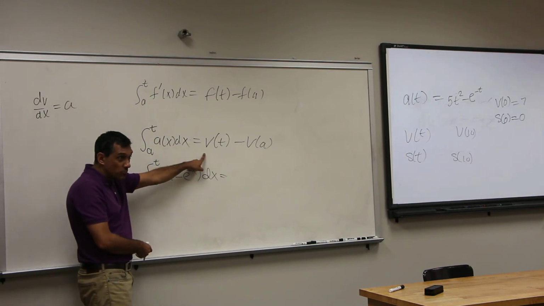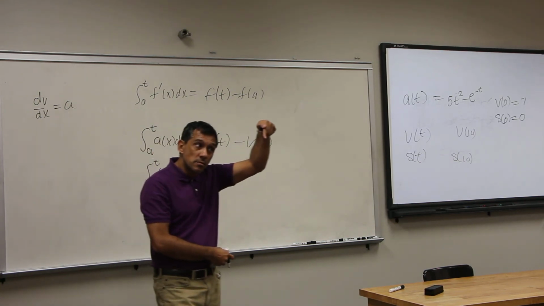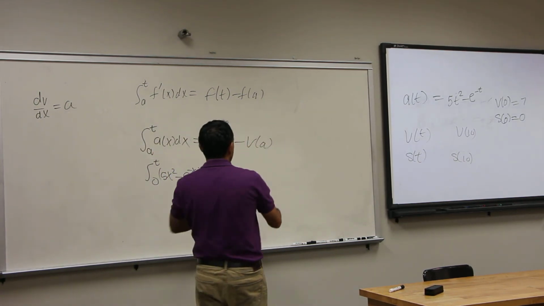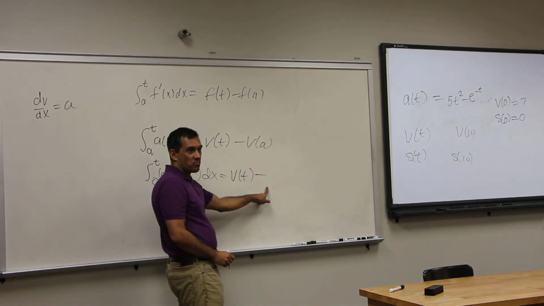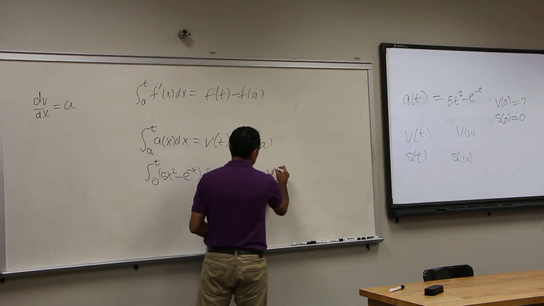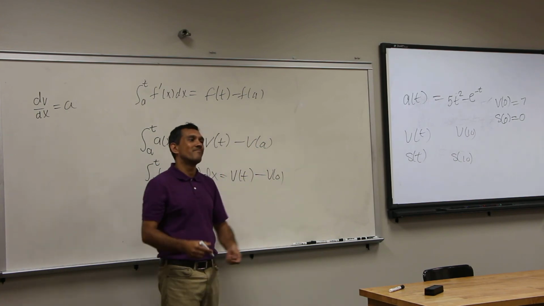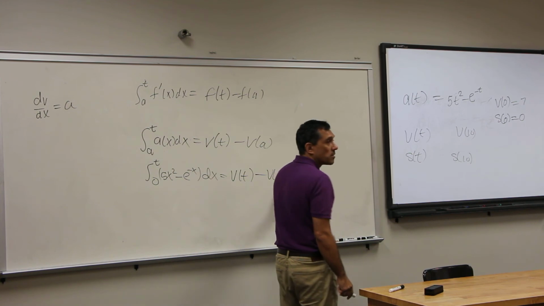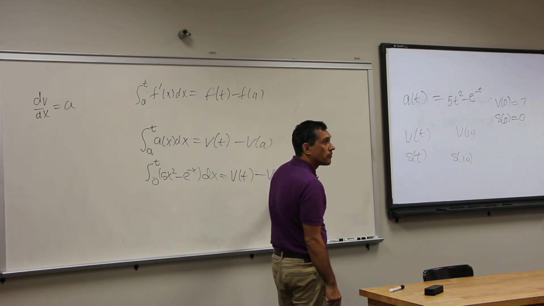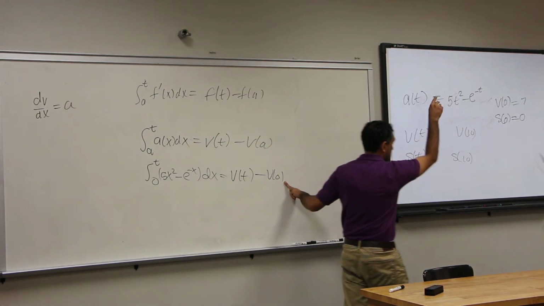V of t, what I want, minus V of 0, which is 7.